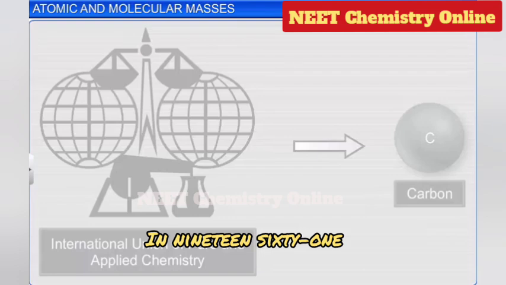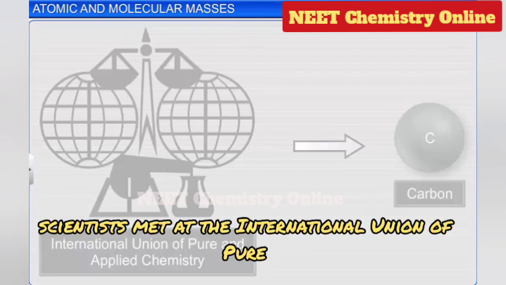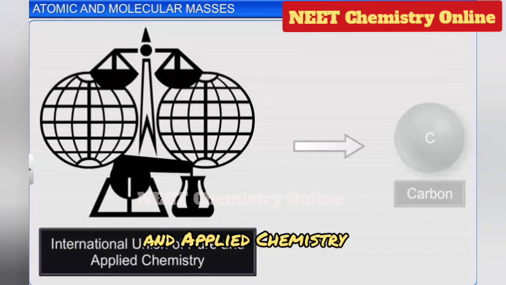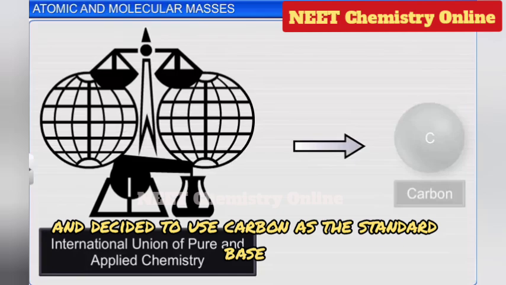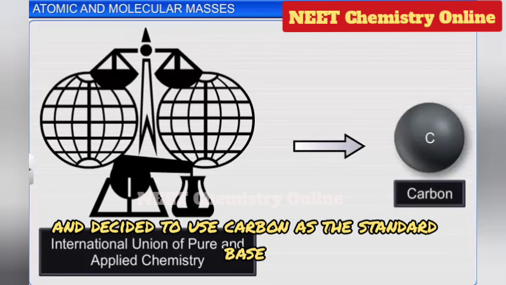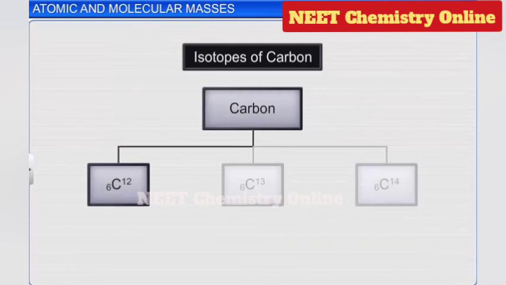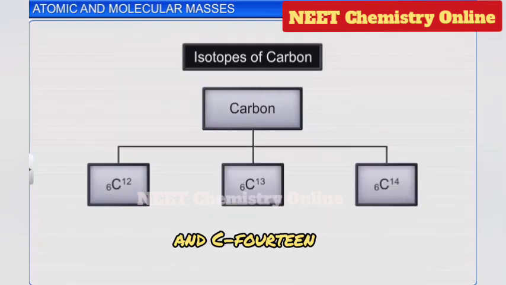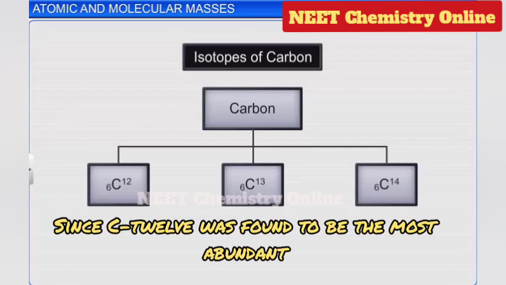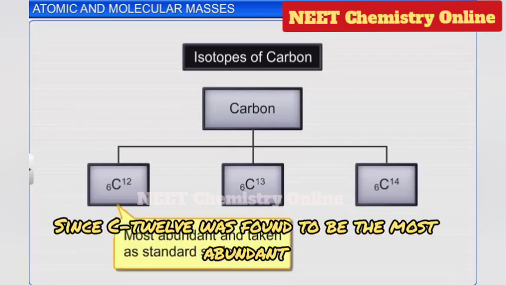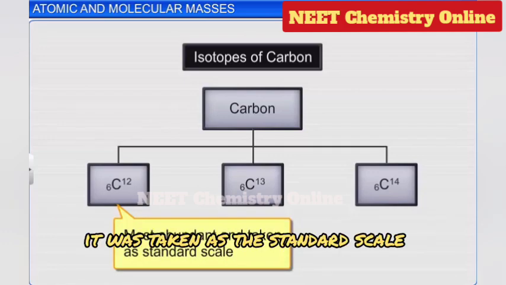In 1961, scientists met at the International Union of Pure and Applied Chemistry and decided to use carbon as the standard base. Carbon has 3 isotopes, C12, C13, and C14. Since C12 was found to be the most abundant, it was taken as the standard scale.